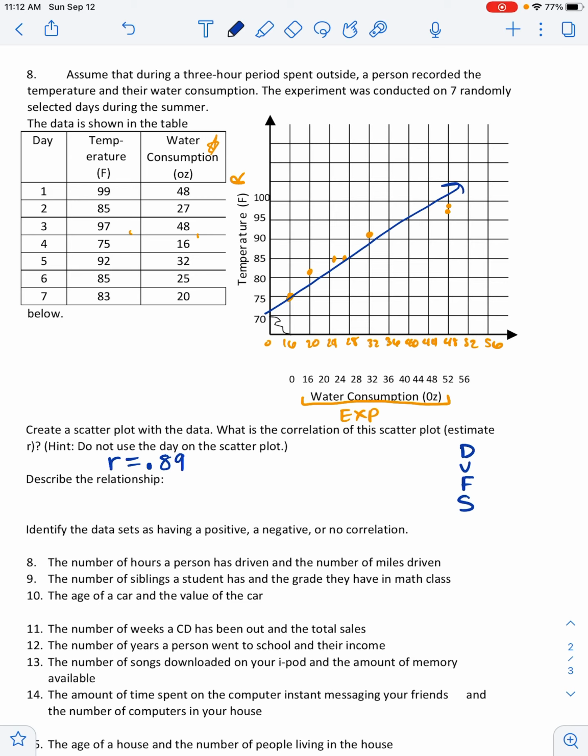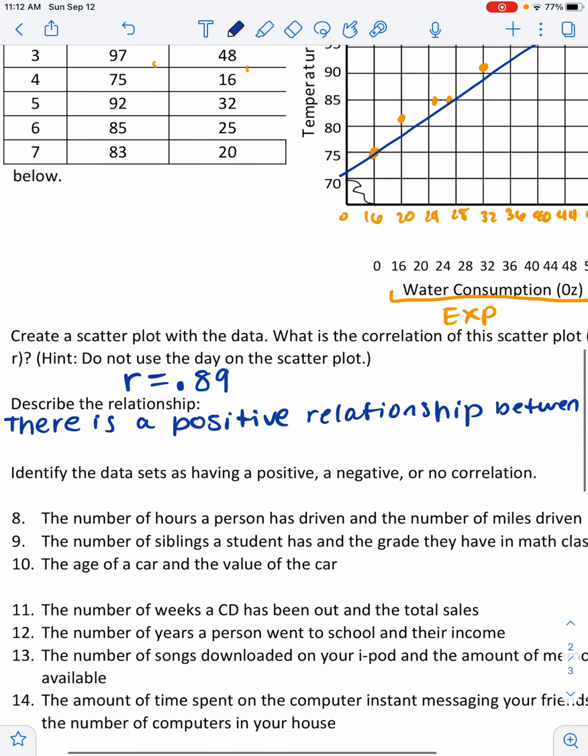So there is a positive relationship between water consumption and temperature.